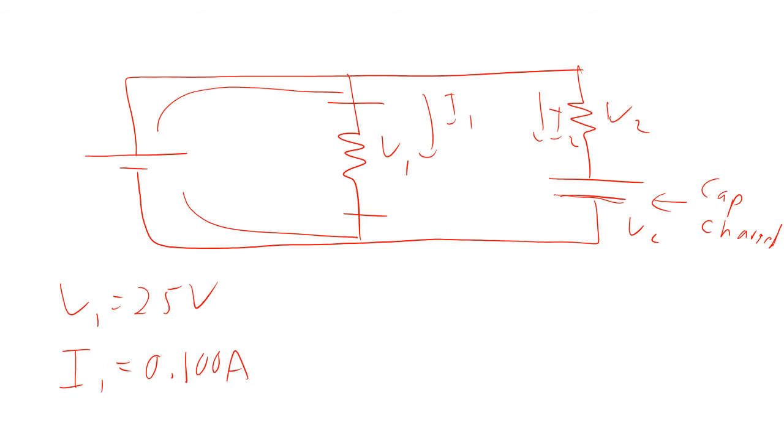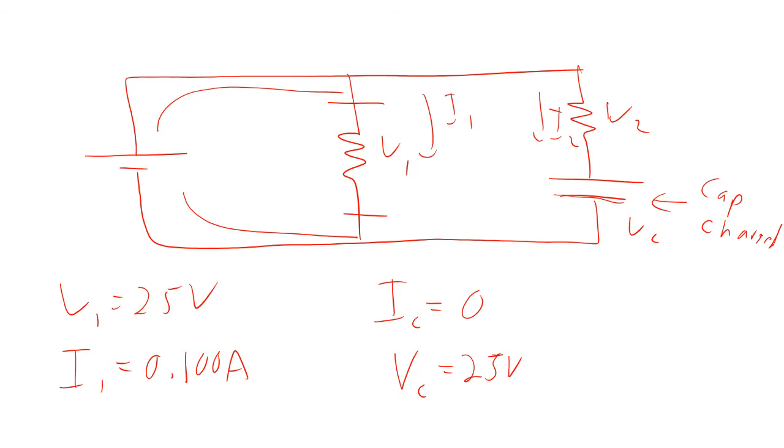Now, what about for the other one? If the capacitor is charged, there's no more current flowing in the capacitor. So the current in the capacitor is 0. If it's fully charged, it's going to be at the maximum charge, so it's going to be at 25 volts.